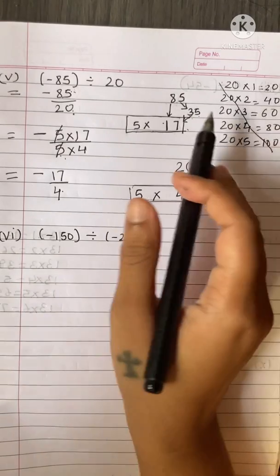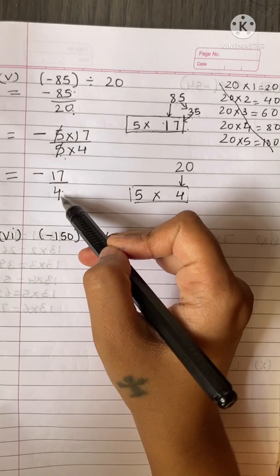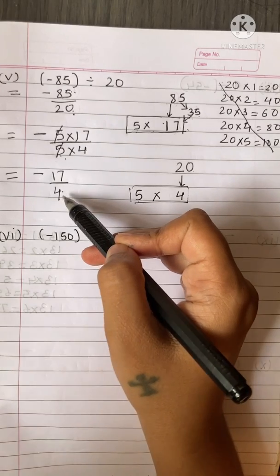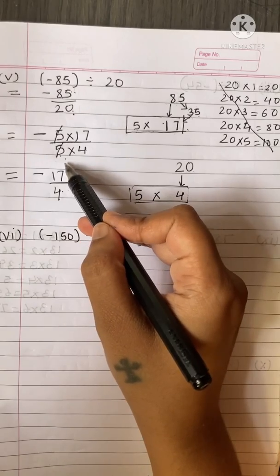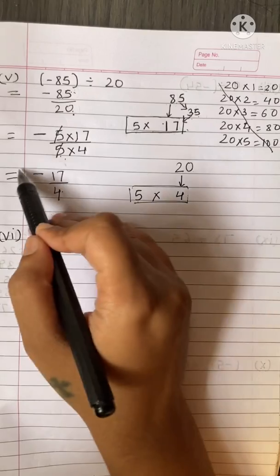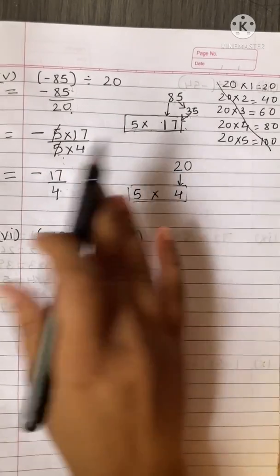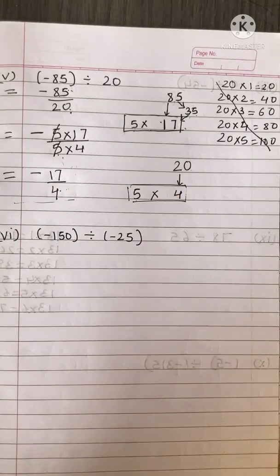No, and 17 also does not come in 3's table. Then check 4's table. Does 4 come? Yes, 4 ones are 4. But does 17 come in 4's table? No. So when both numbers do not come in any common table, that is the final answer.